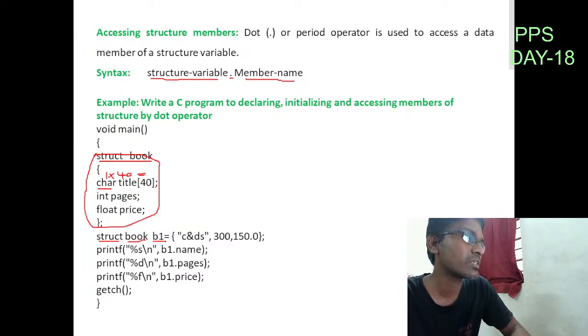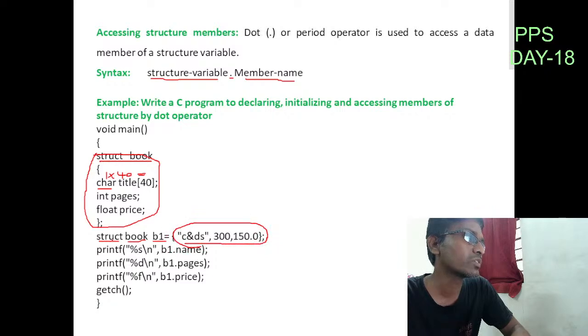So b1 is equal to, followed by, the title of the structure will be C and DS, the number of pages will be 300, and the price will be 150.0. Like this we initialize the structure members.